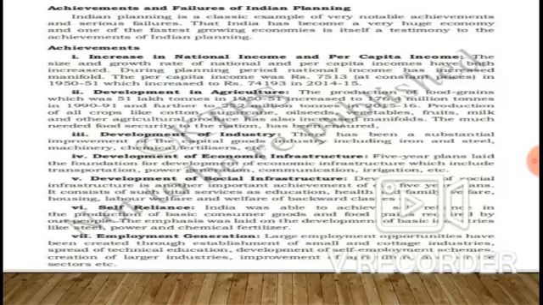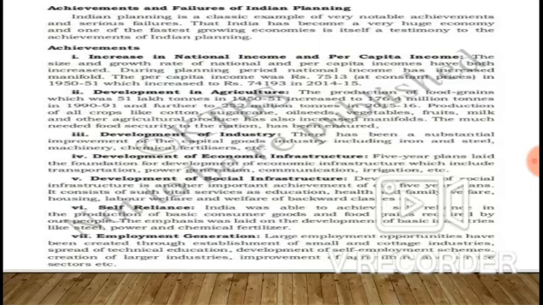Development in agriculture. This is the second achievement which we got in India. The production of food grains, which was 51 lakh tons in 1950 to 51, increased to 176.4 million tons.